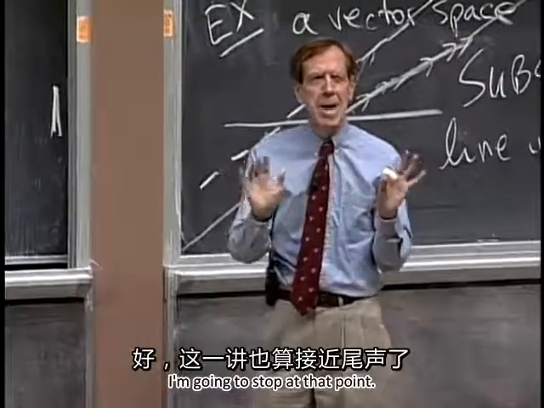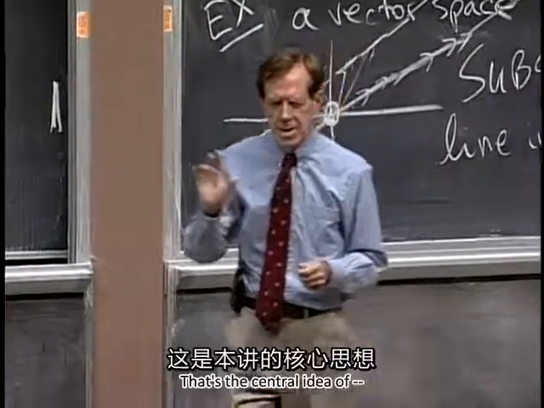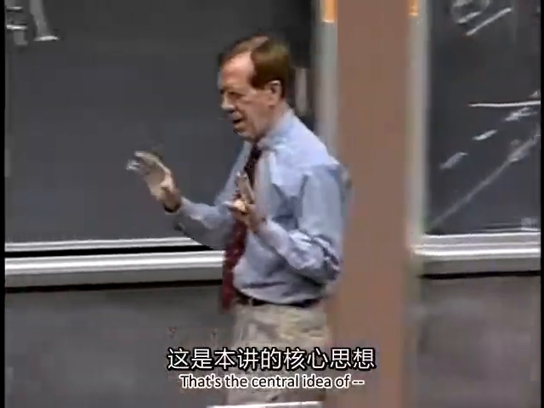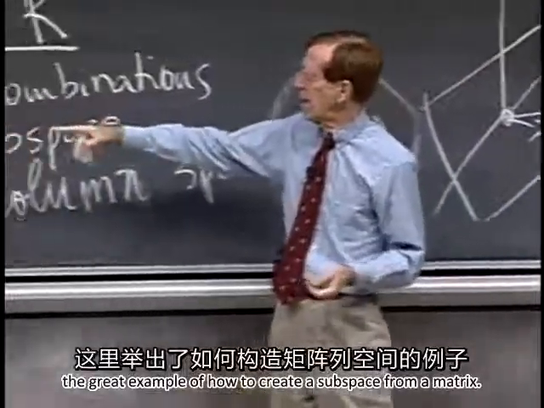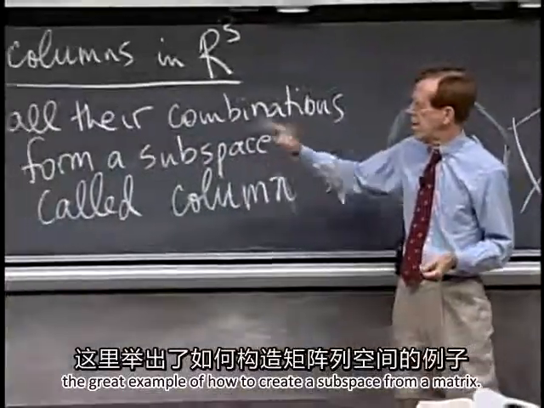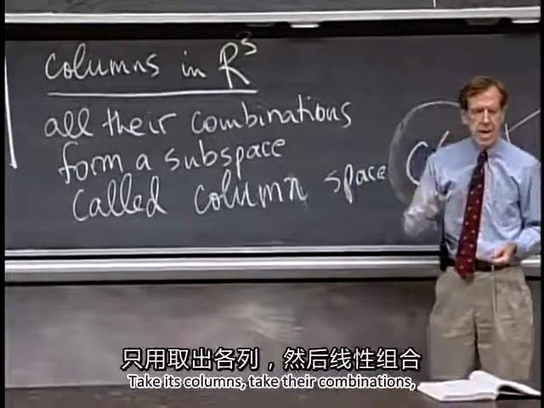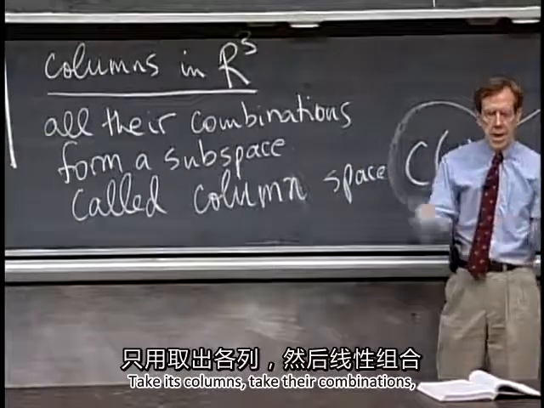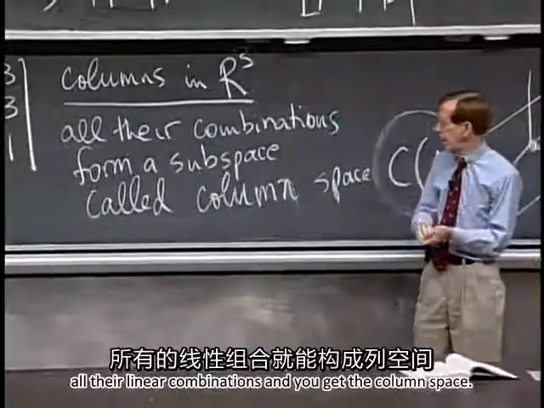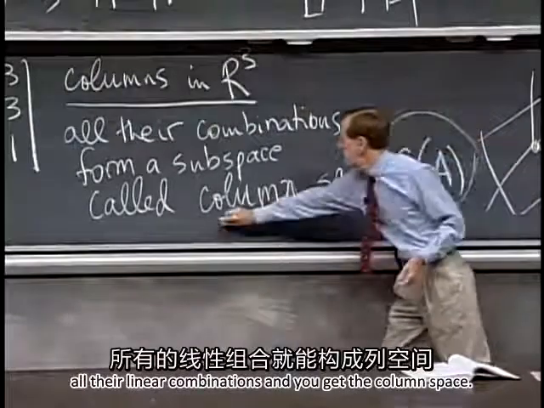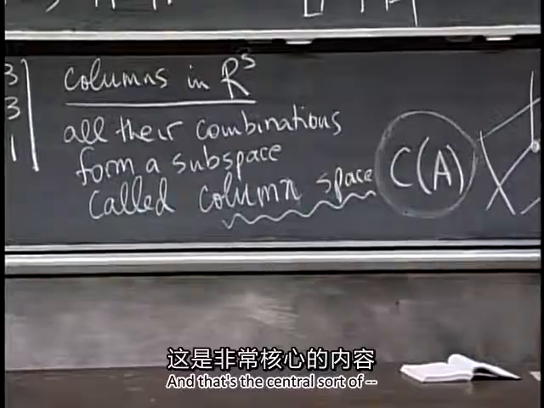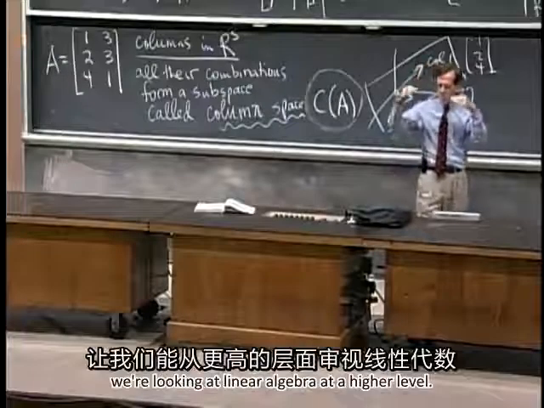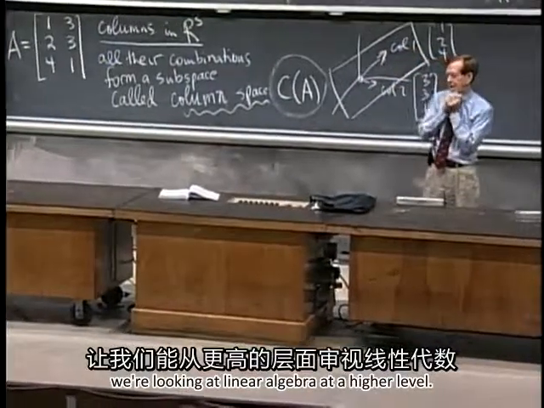I'm going to stop at that point. That's the central idea of the great example of how to create a subspace from a matrix. Take its columns, take all their linear combinations, and you get the column space. We're looking at linear algebra at a higher level.